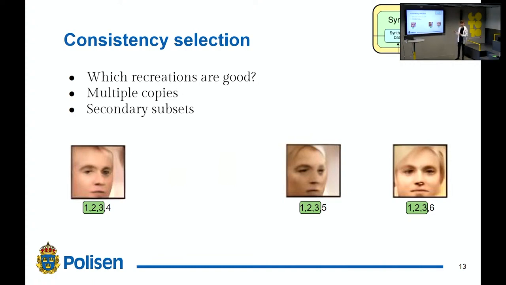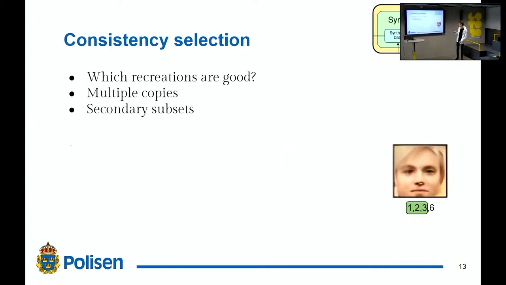Then we have 3 images left, and to pick between these, we just look at which the original classifier we're attacking is most certain about, which it thinks looks the most like the person we're trying to reproduce. Let's just say it's the image on the right. And in this way, we've gone from having 4 images, which were all attempting to look like a single person, to the image which hopefully looks the most like the person.